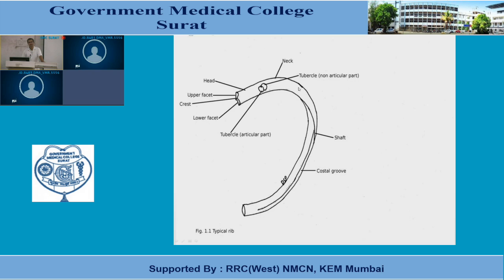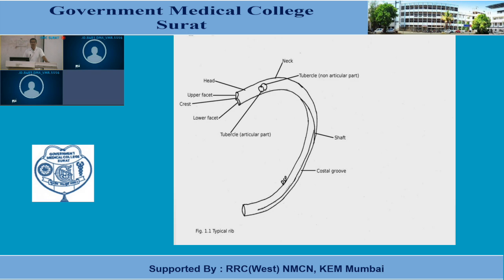Now in these borders and surfaces of a typical rib, in relation with the lower border, there is the presence of the costal groove, and this costal groove shows two margins, upper margin and lower margin, easily visible from the inner aspect of the ribs.